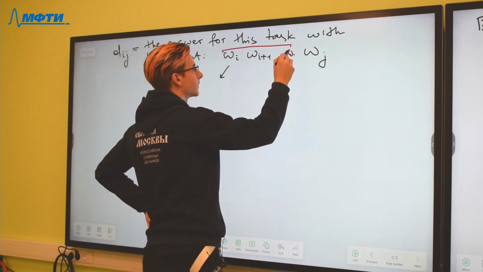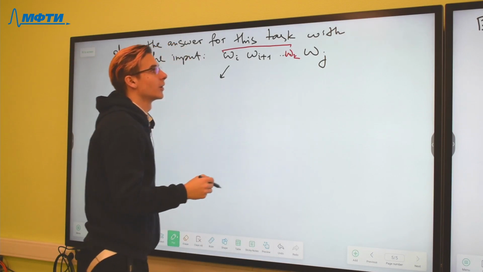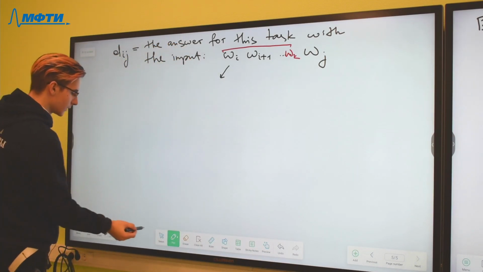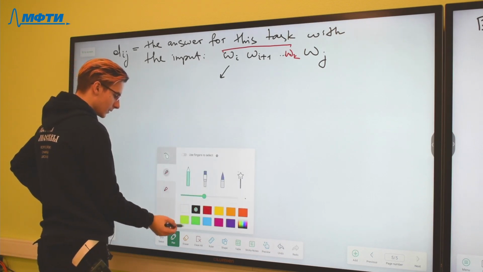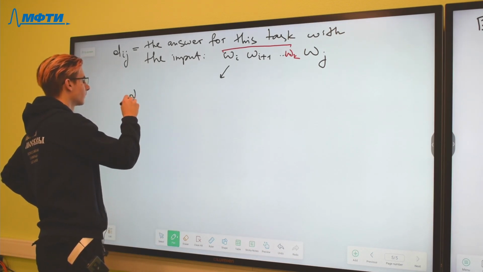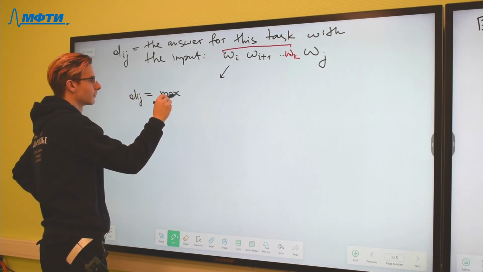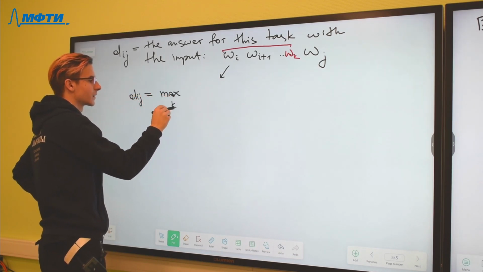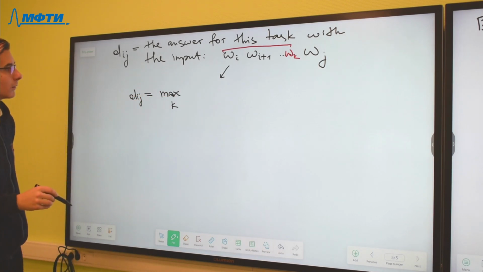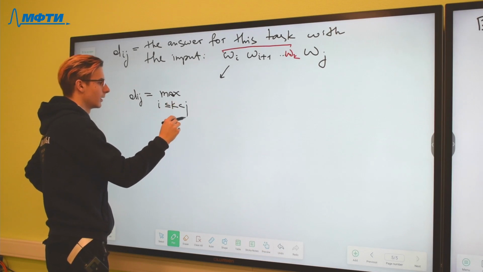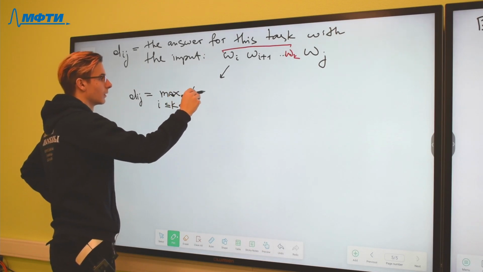I mean that, for example, here W has index k, and so we find D(e, g) as the maximum for index k that is bigger than e and less than g.